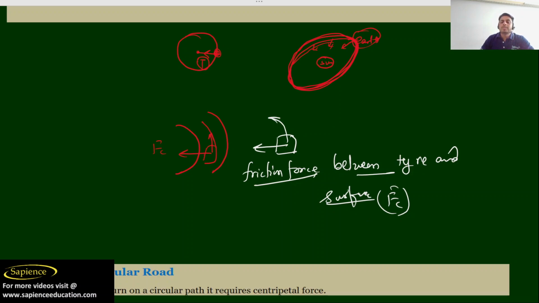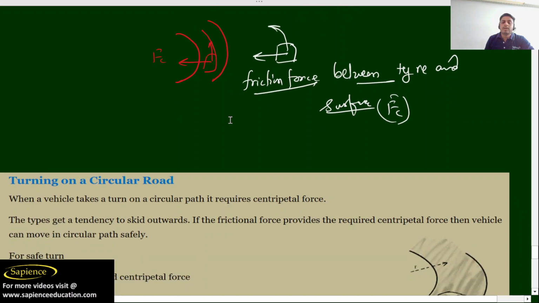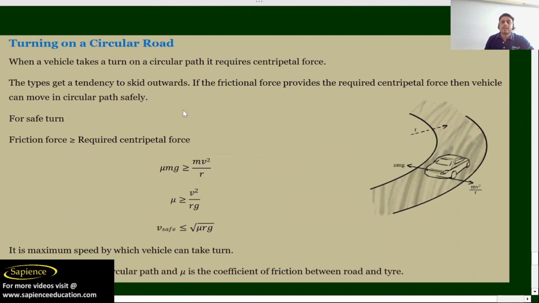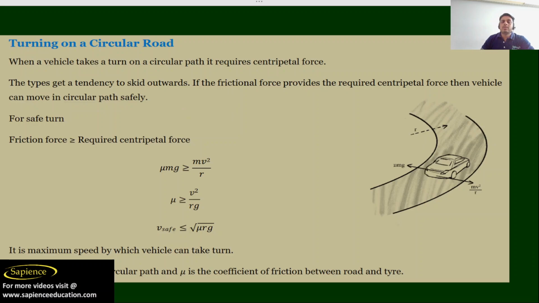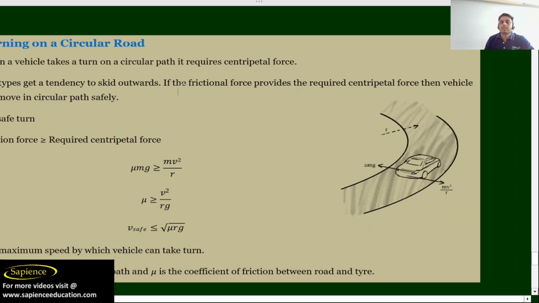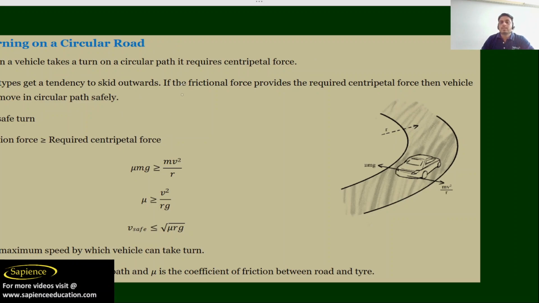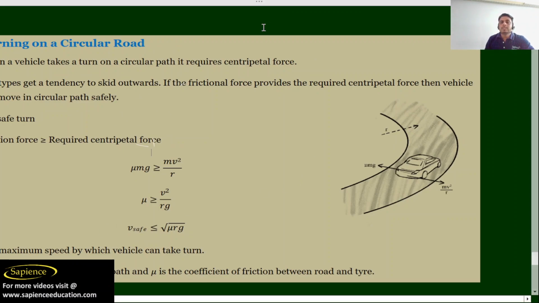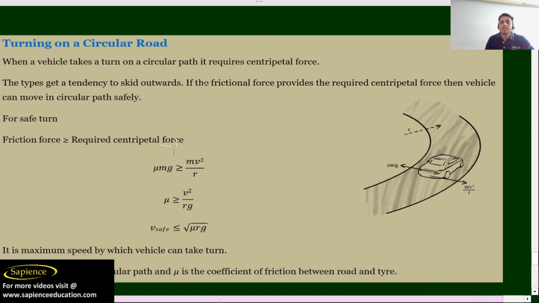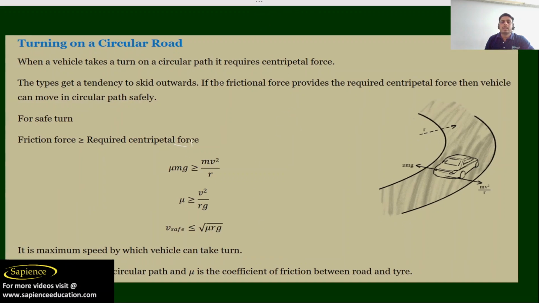Now specifically, I will use the formula to show how to detect this. See here, this is your turning on a circular track. From the figure I can show you, when a vehicle takes a turn on a circular path, it requires centripetal force, and the vehicle has a tendency to skid outward.